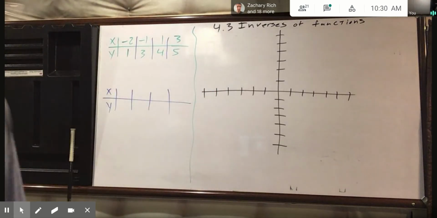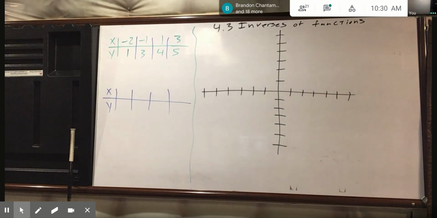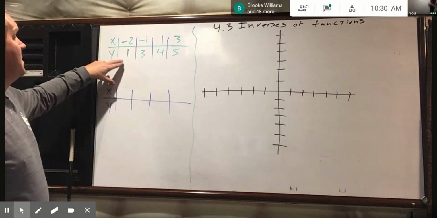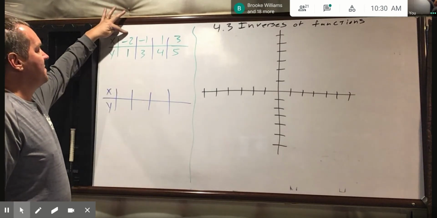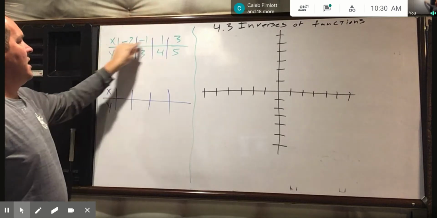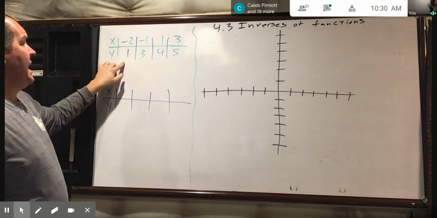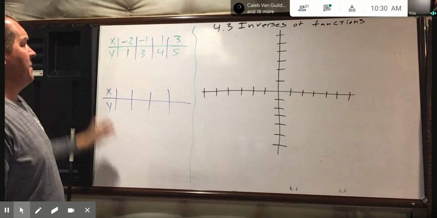Anybody, why is that data a function? The X numbers are going to an output, yep, and there's no repeats. There's no repeats on the X's. -2, -1, 1, 3. None of those repeat. These can repeat down in the Y category, but the X's do not repeat.